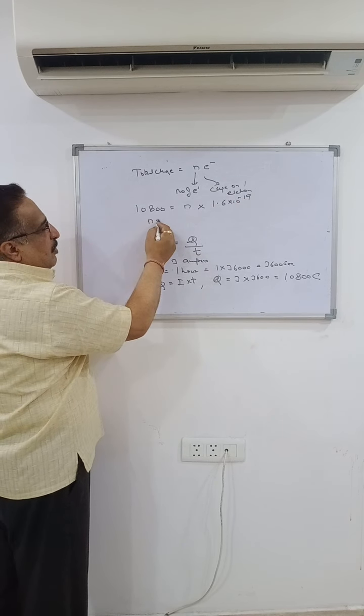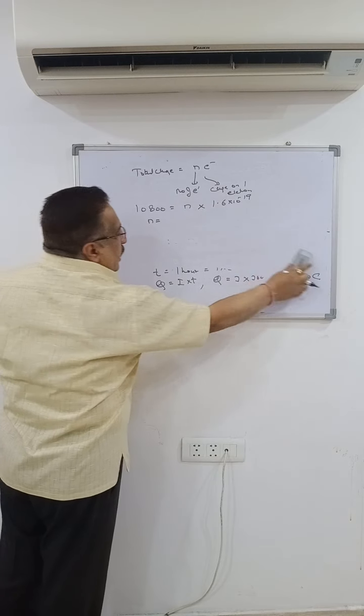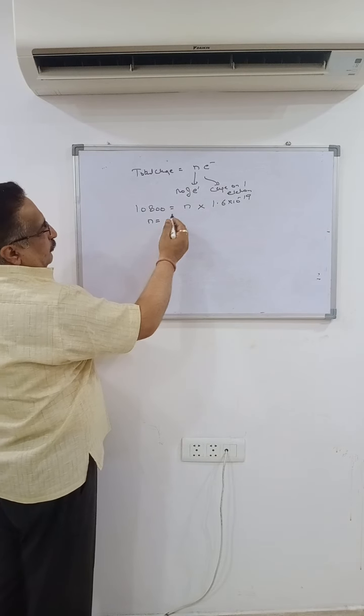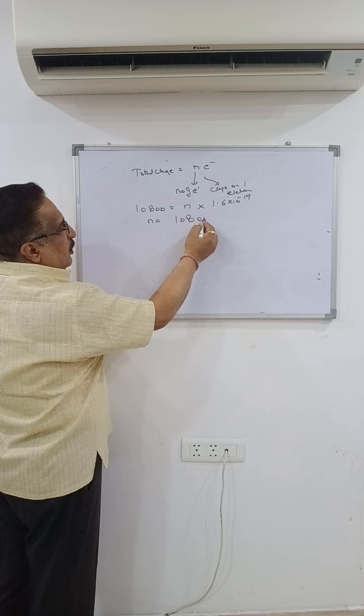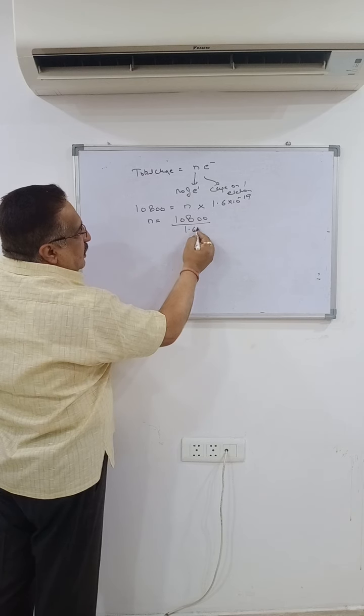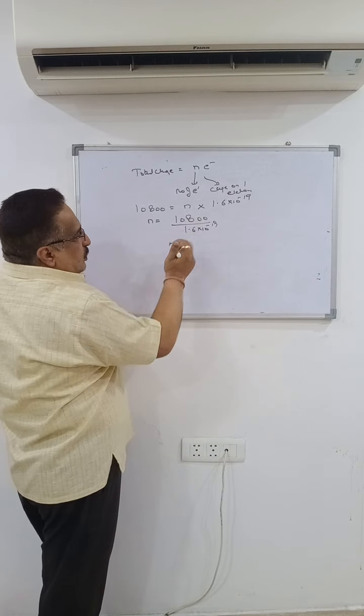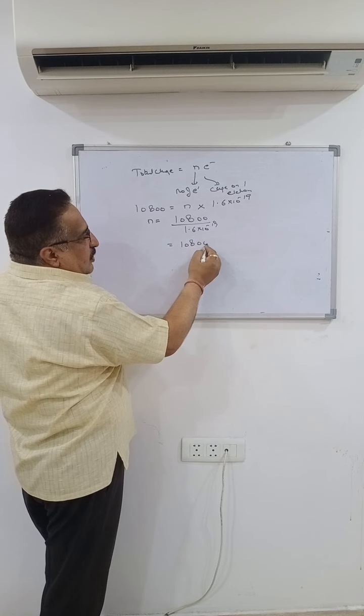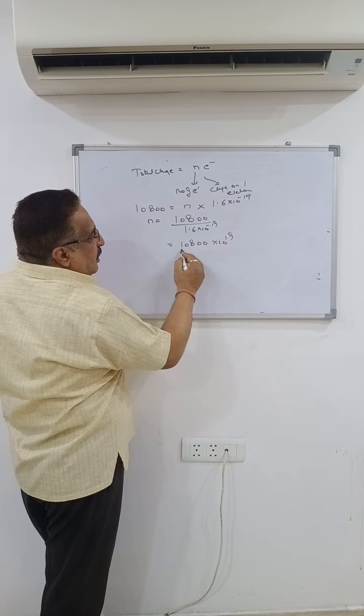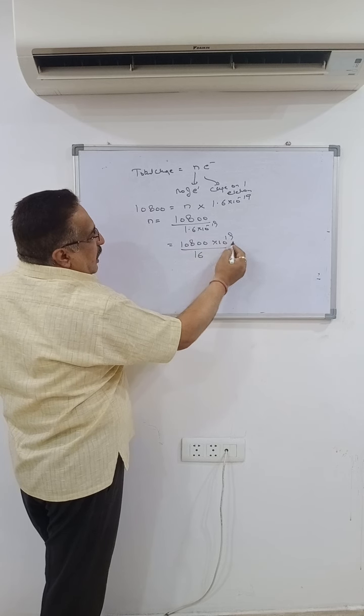So what does N come out to be? N will be equal to 10800 divided by 1.6 into 10 raised to power minus 19. Okay, 19 goes up. 10800 into 10 raised to power 19 upon 16 into 10 from here.